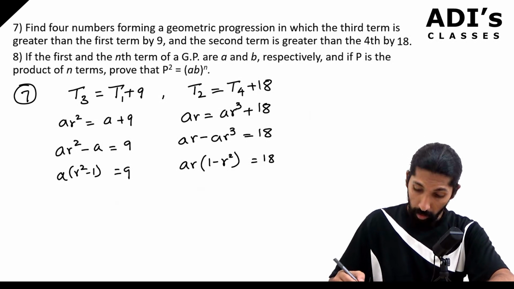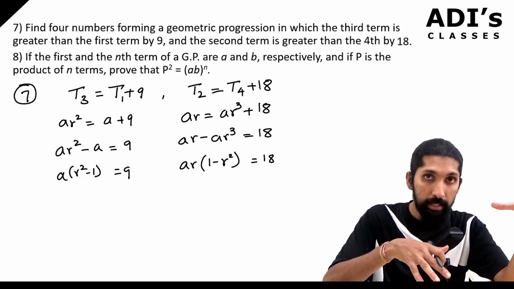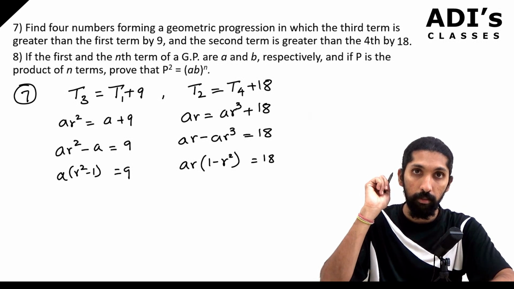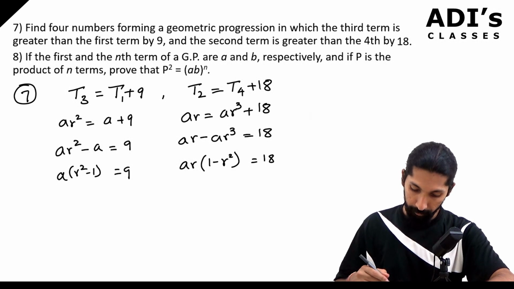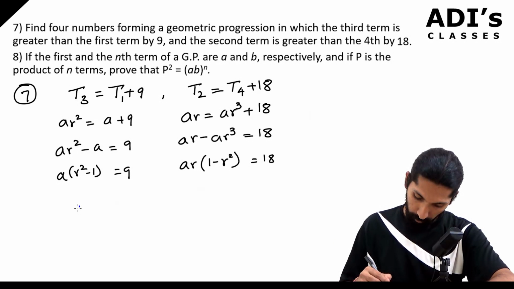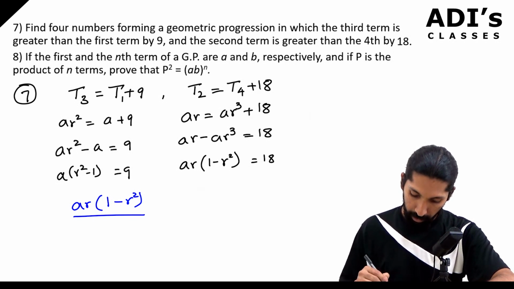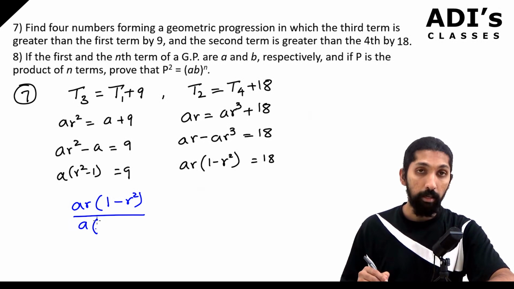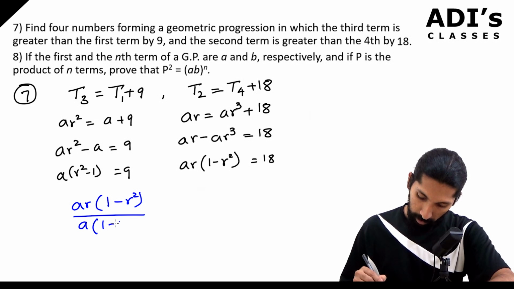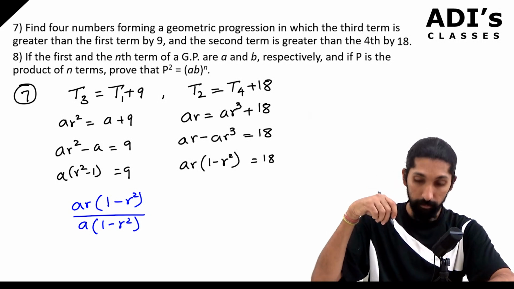Isn't it? Now divide one by the other, because when you divide, A gets cancelled. One of the R's will also get cancelled, isn't it? Now what we are going to do is AR into 1 minus R square divided by A into, see, you can do R square minus 1, or we can do 1 minus R square, but change the 9 to minus 9, that's all.